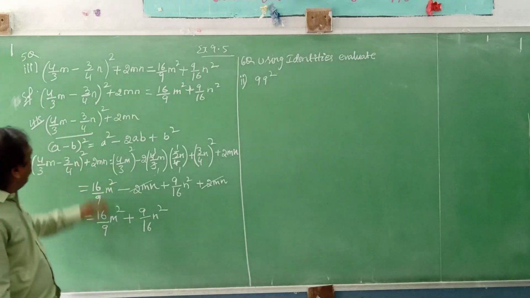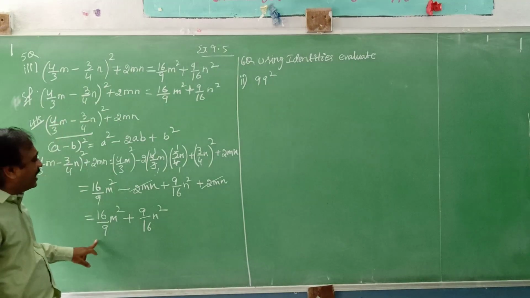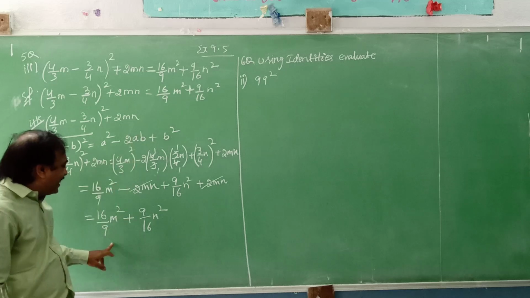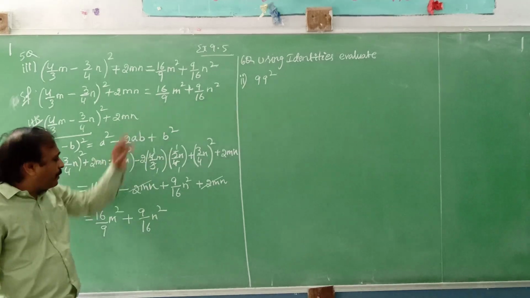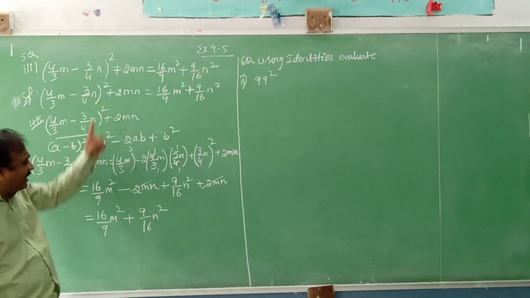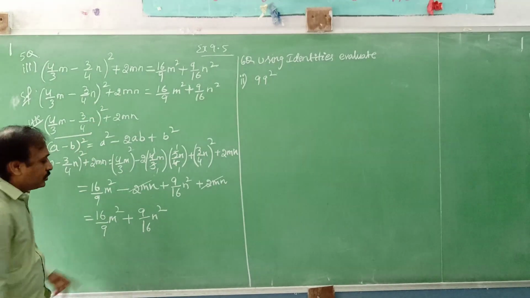You check it. When you simplified the LHS part, what are you getting? 16 by 9m square plus 9 by 16n square. So when you simplify this part, you got the RHS.